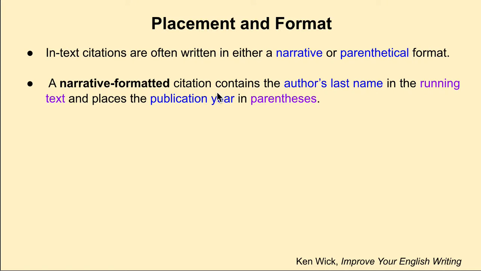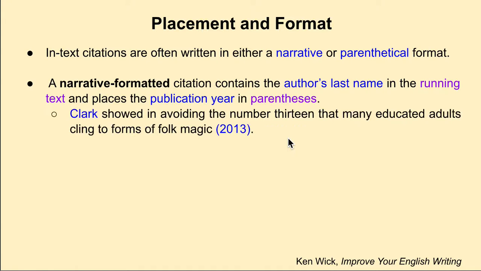That is where the author's last name is in the running text, and then you place the publication year in parentheses. I'll show the example. Clark showed in avoiding the number 13 that many educated adults cling to forms of folk magic, 2013. If you think about it, the basic format would be Clark, 2013.